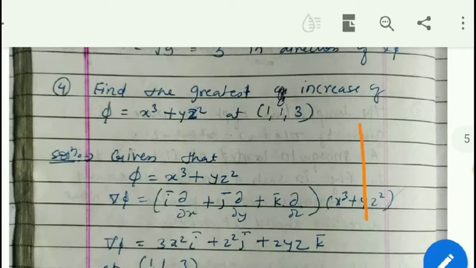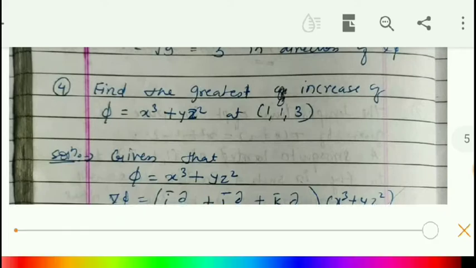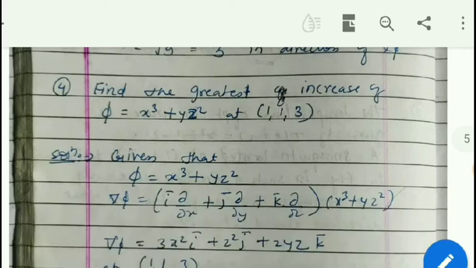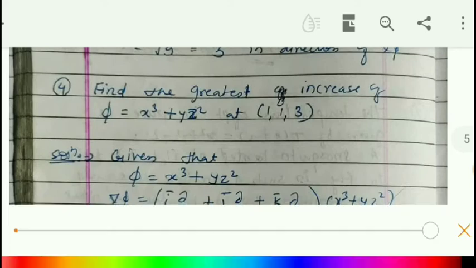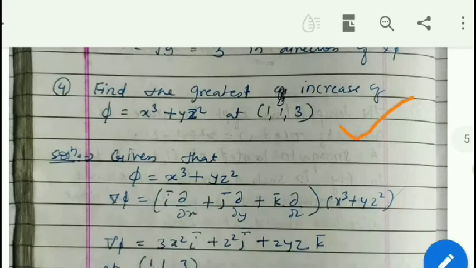Up to the previous question, what we had to calculate was the maximum directional derivative, but in this question it says find the greatest increase of phi. Greatest increase of phi means maximum directional derivative of phi. Remember that point.